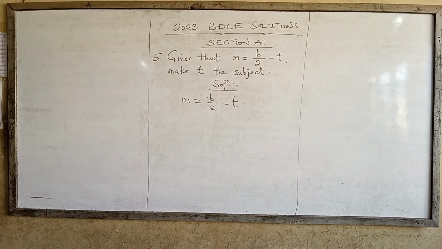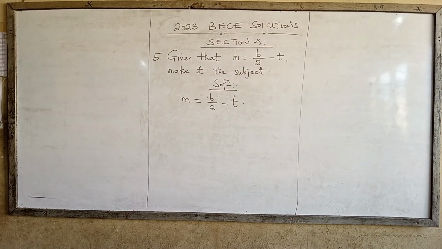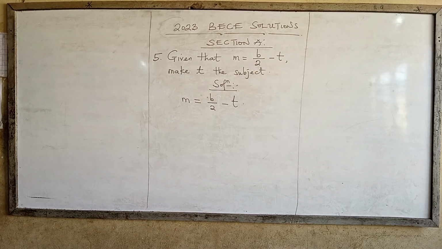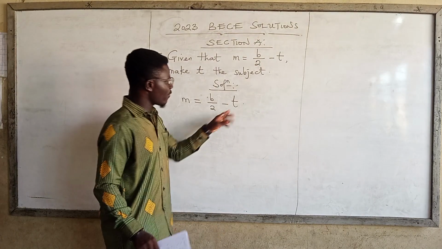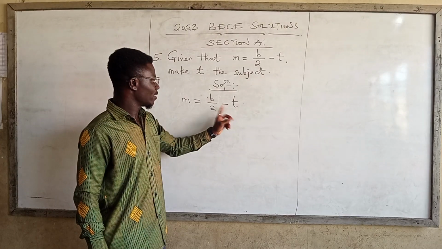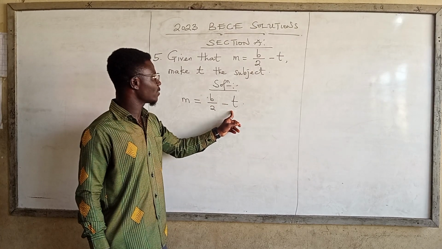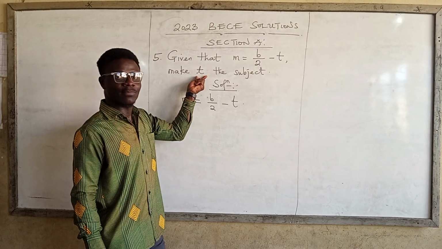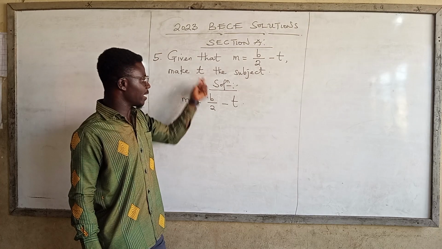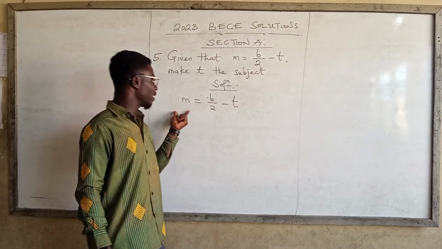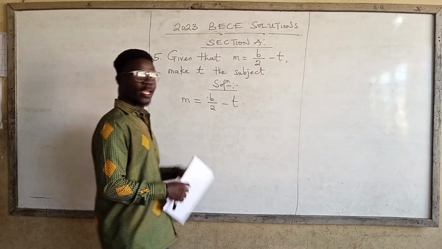All right, so question 5. Given that m equals b over 2 minus t, we have to make t the subject of the relation given. Don't forget that we have our t here, and this t is negative. But I want a positive t, so we have to send this to the left hand side of the equal sign.